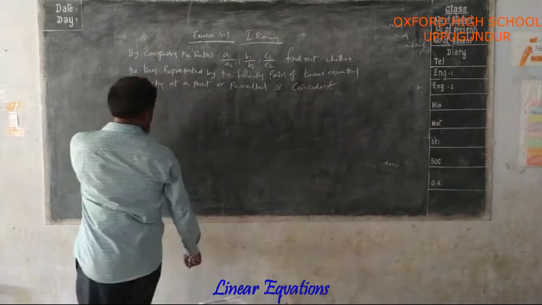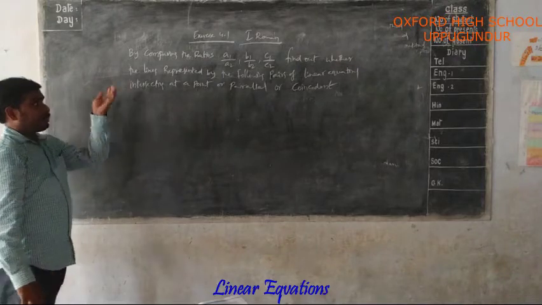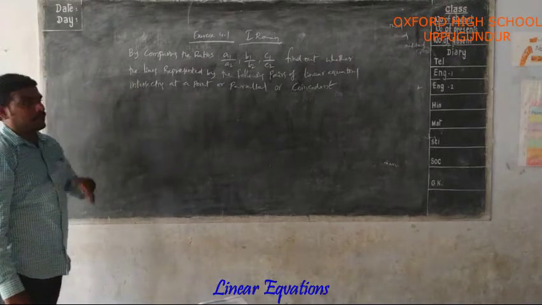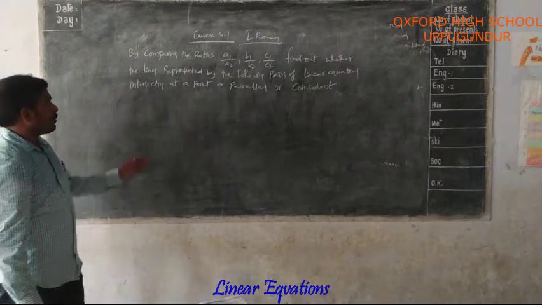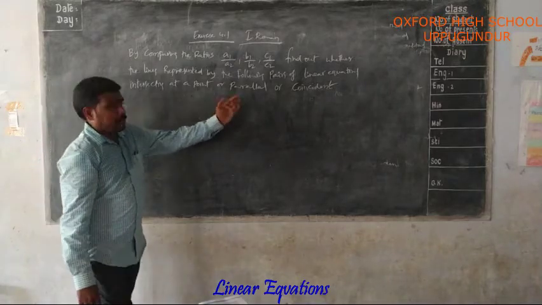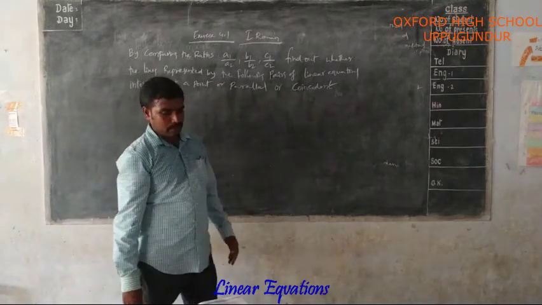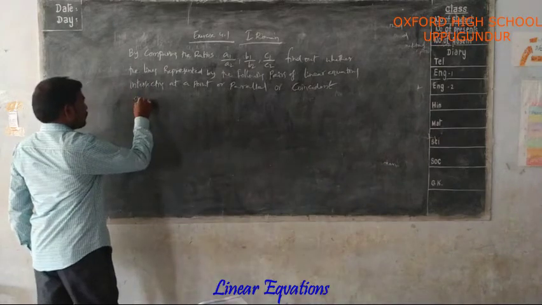They will give a pair of linear equations. By comparing these ratios, you have to check whether those pairs of linear equations, intersecting at a point, are parallel or coincident.